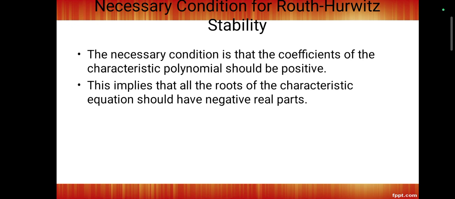A system is asymptotically stable if, in the absence of input, the output tends towards zero irrespective of initial conditions. These all are the definitions of stability. RH criterion is one of the criteria which is used to define the stability.